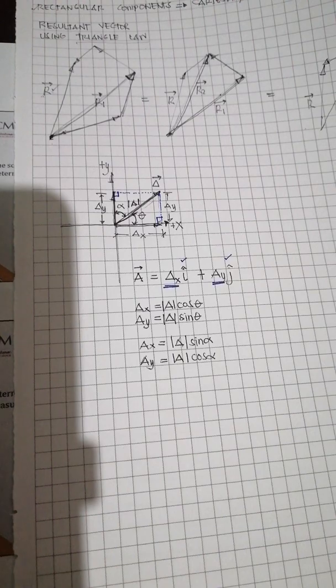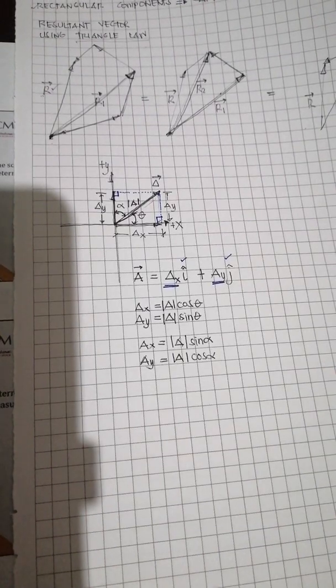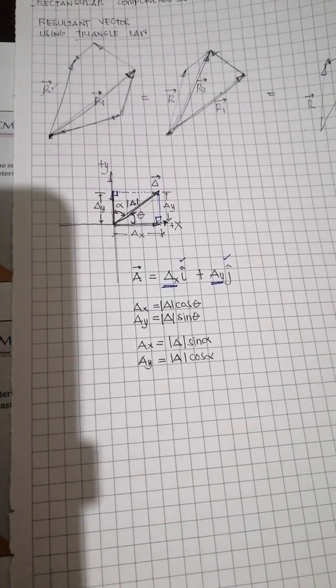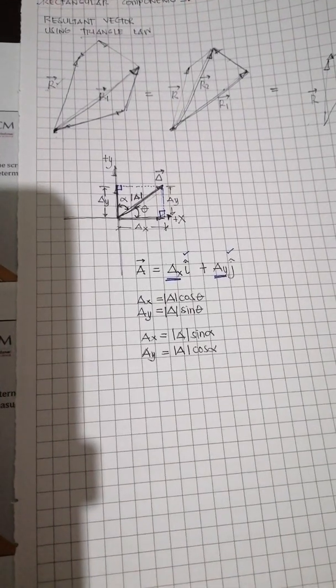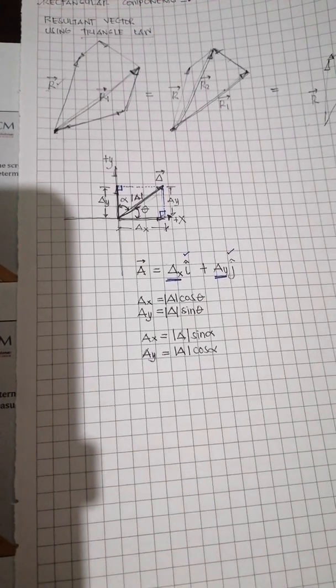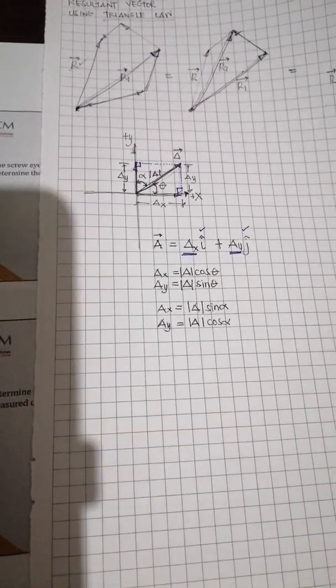So if the vectors are expressed in Cartesian form, this helps us identify the resultant vector or the addition of vectors.